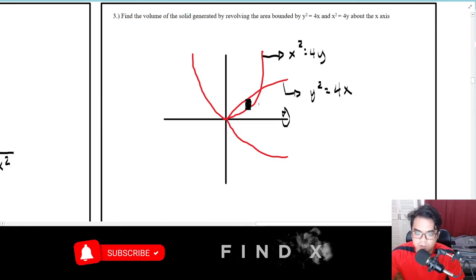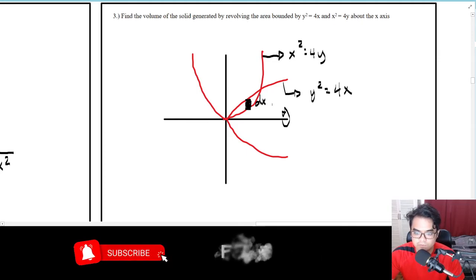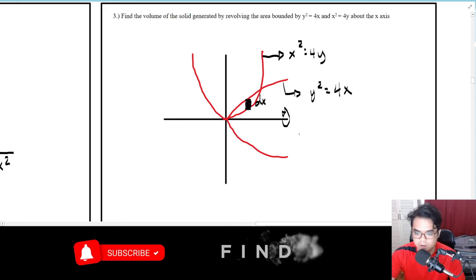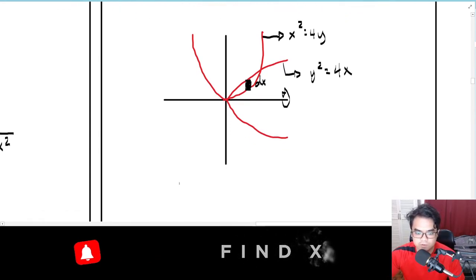This should be dx, and for the radius, you'll have two radii, which are R2 and R1.